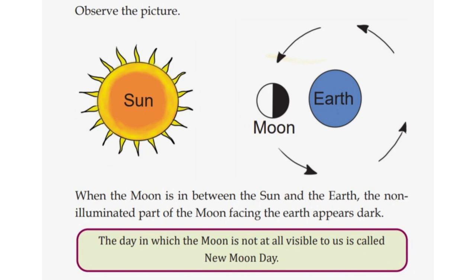Observe the picture. When the moon is in between the sun and the earth, the non-illuminated part of the moon facing the earth appears dark. The day in which the moon is not at all visible to us is called new moon day.